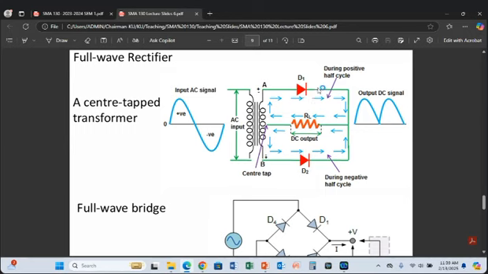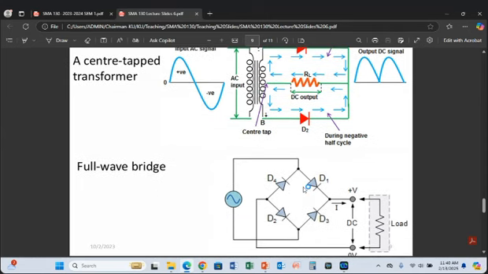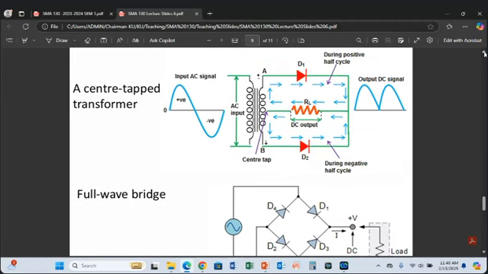Here we have connected two diodes, and here we have connected 4 diodes. Before we come to this, I just wanted to show you a circuit diagram showing diodes in the circuit.